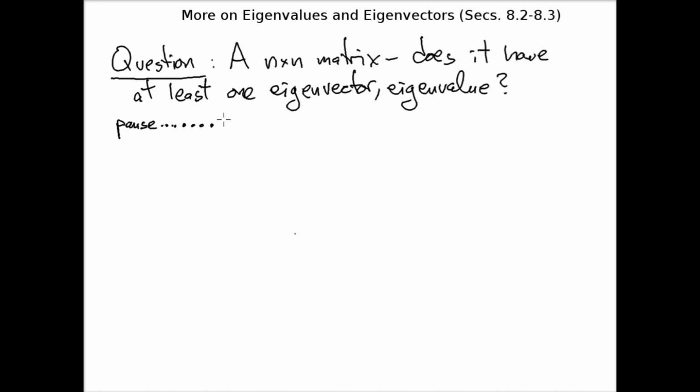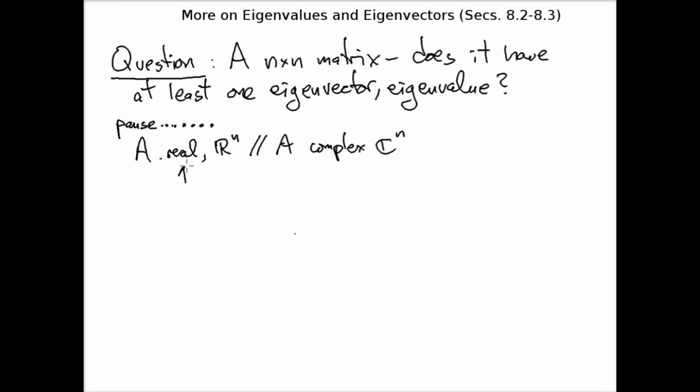All right. What do you think? Well, I was a little bit vague about what kind of matrix A is. A could be real, and we could be talking about R^n, or A could be a complex matrix, and we could be talking about C^n.